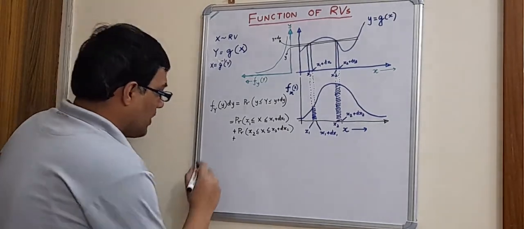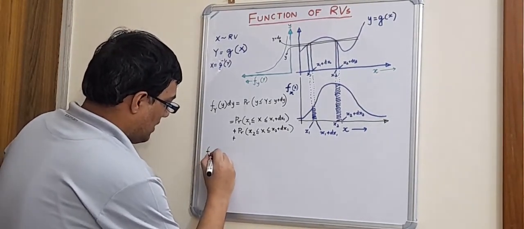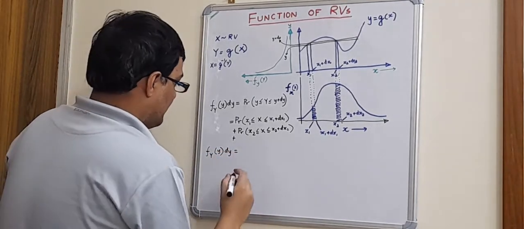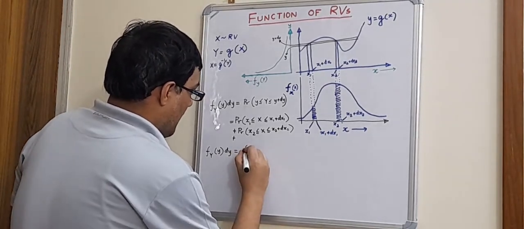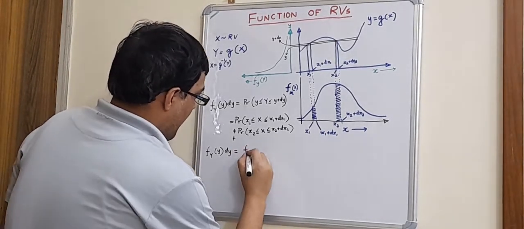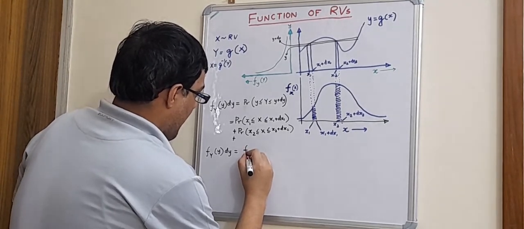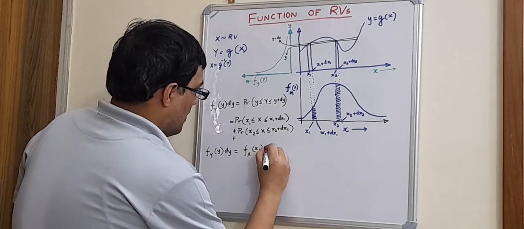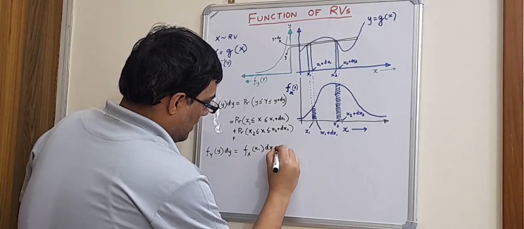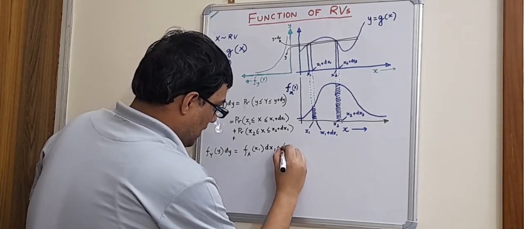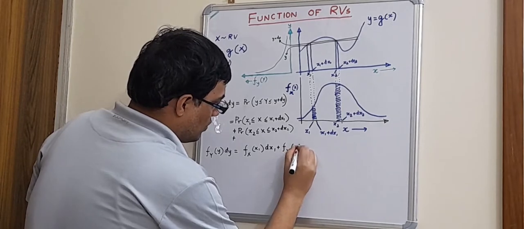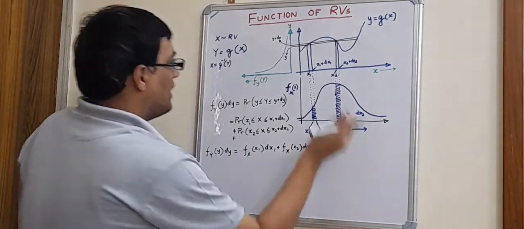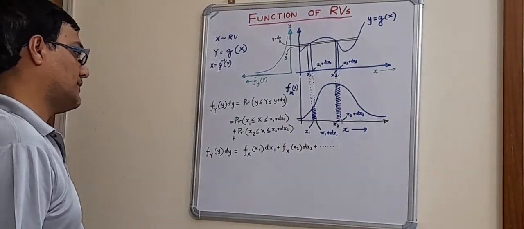So what we are going to write is fy dy is equal to fx of x1 dx1 plus fx of x2 dx2 and so on, right, for multiple intersections.